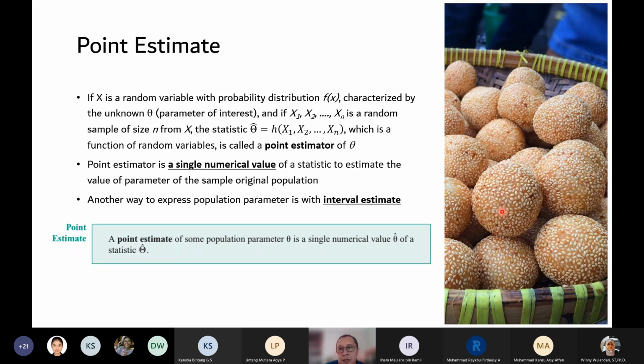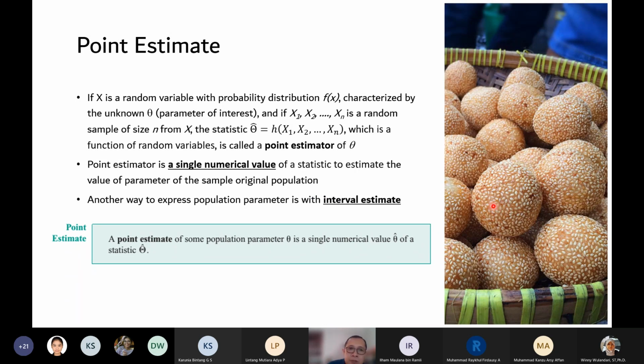Because there's no way for you to measure each and every piece of onde-onde, you take a small number as a sample from the population, measure the mass of the samples, and report back: Pak Walmiki, based on our sampling, which consists of n onde-onde, the mean mass of one onde-onde is 50 grams.